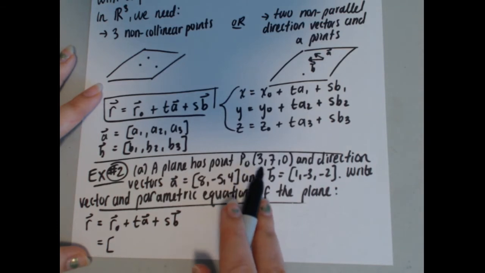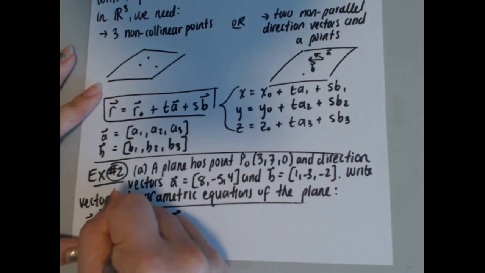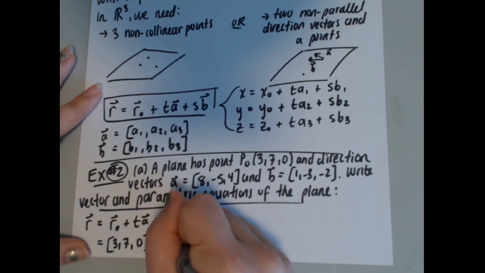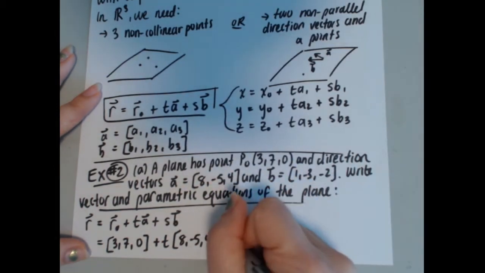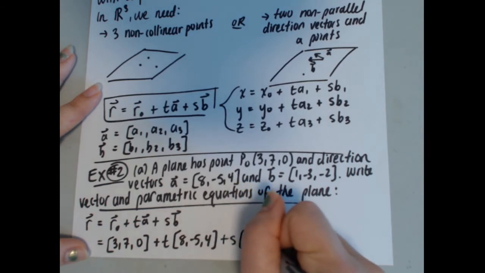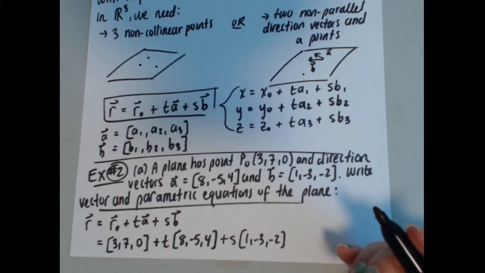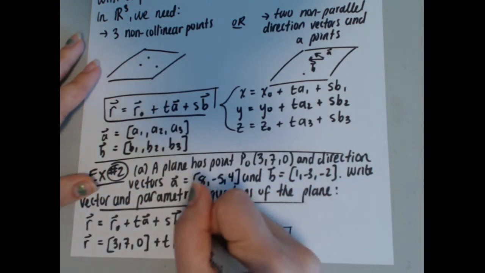And if I know this point, the position vector going to that point has the same coordinates, just with square brackets. So [3, 7, 0] plus t A, which is [8, -5, 4]. So that's from here. And then plus s times [1, -3, -2]. And that's B. And there you go. Okay, so that's the vector equation of the plane.